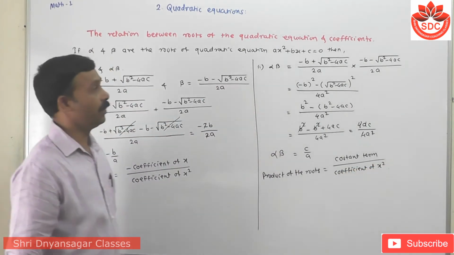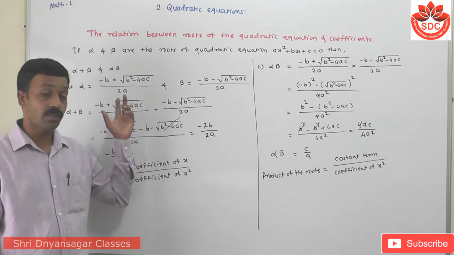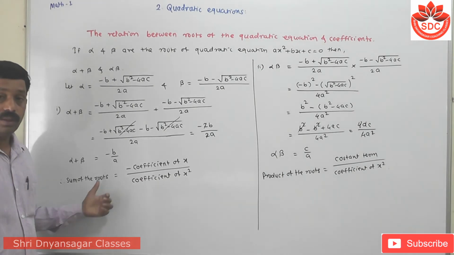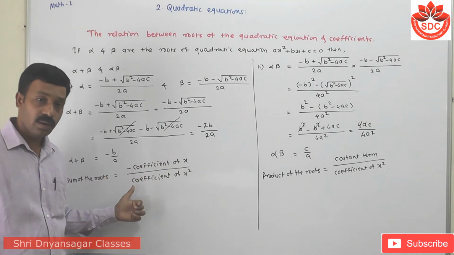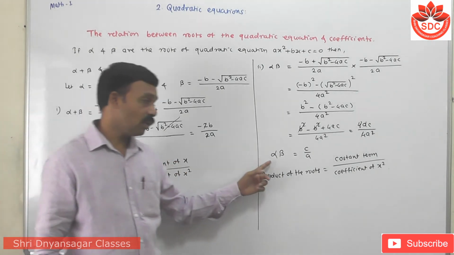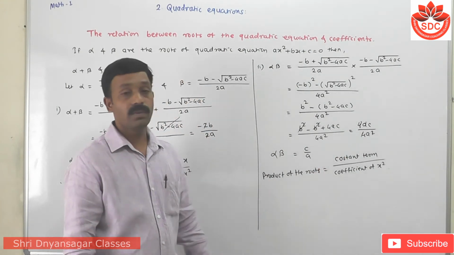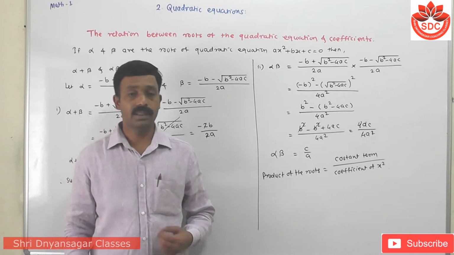This is the relation between the roots of the quadratic equation and its coefficients. The sum of the roots is equal to minus the coefficient of x upon the coefficient of x square, and the product of the roots is equal to the constant term upon the coefficient of x square. Can you understand? Let's see the next point.